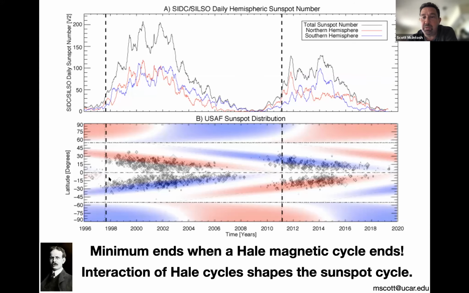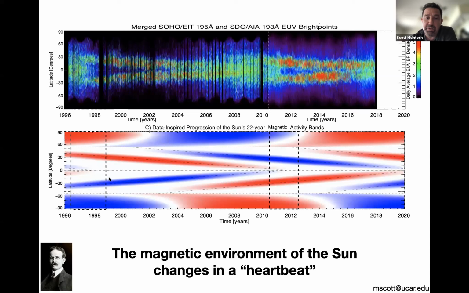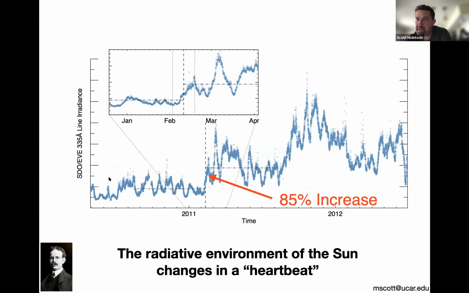So when a Hale cycle ends, the next cycle pops up. And what happens is that the sun's magnetic environment literally changes in a heartbeat. And for an object that's 4.5 billion years old, a heartbeat is about a rotation. That sounds a wee bit impossible, but let me show you an example.